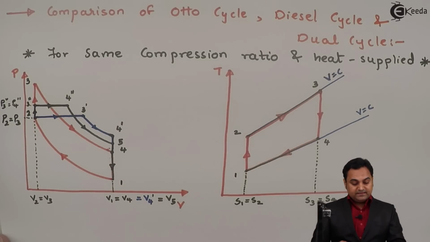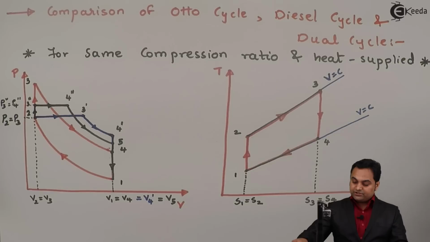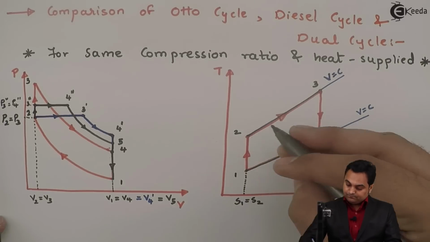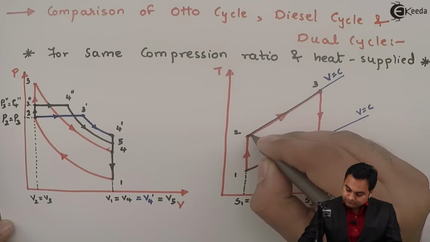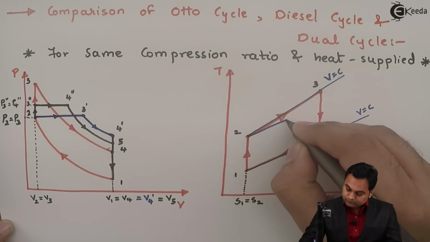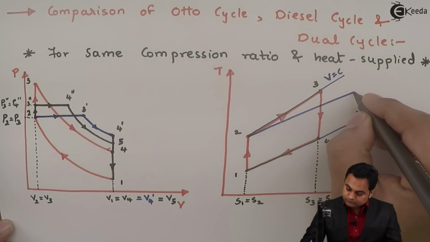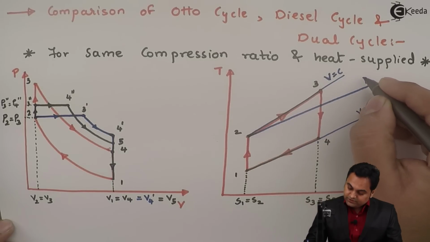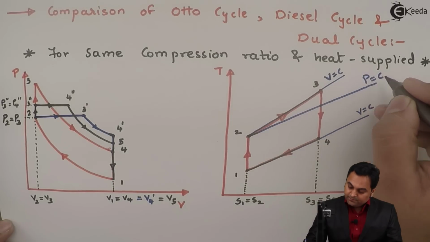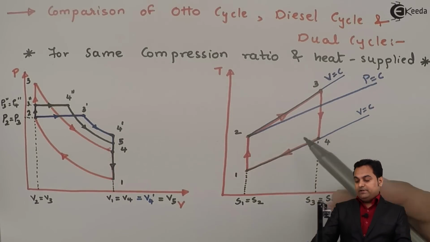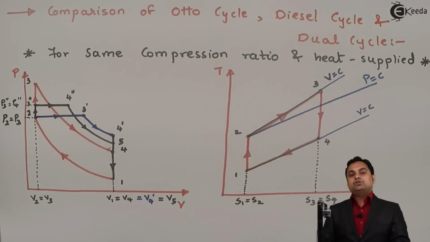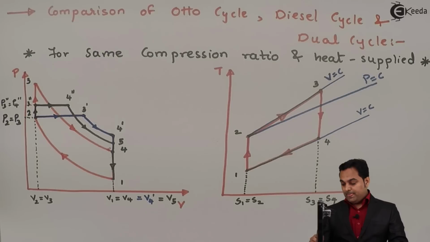So here, as I have drawn a constant volume line, now I will draw a constant pressure line. And this constant pressure line P is equal to C, it will be less inclined compared to the constant volume line, that we have to remember.